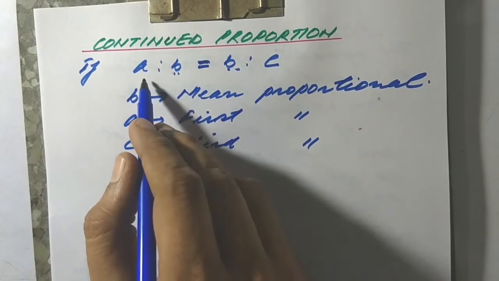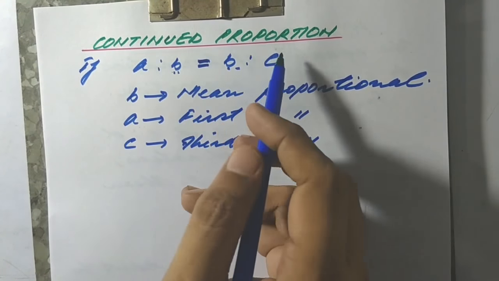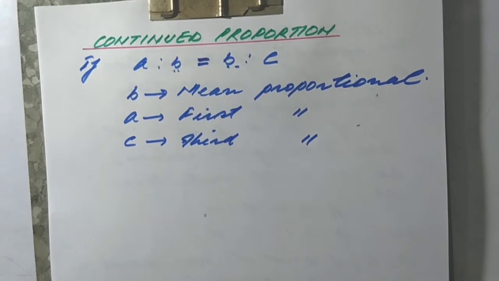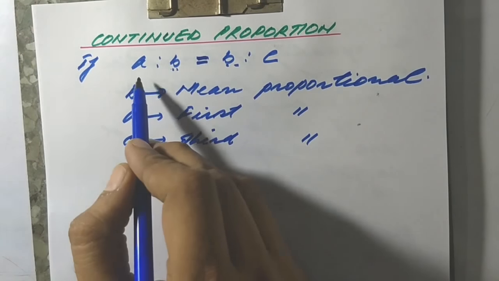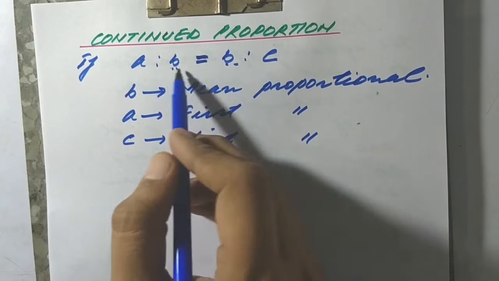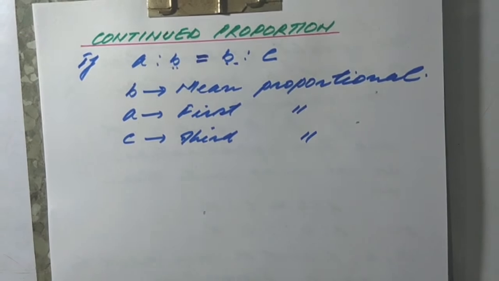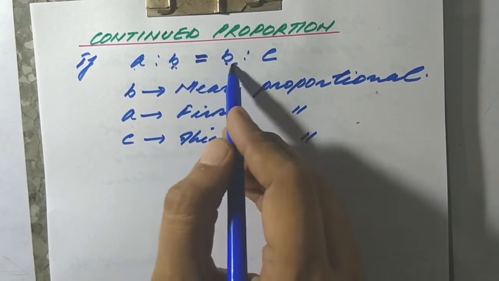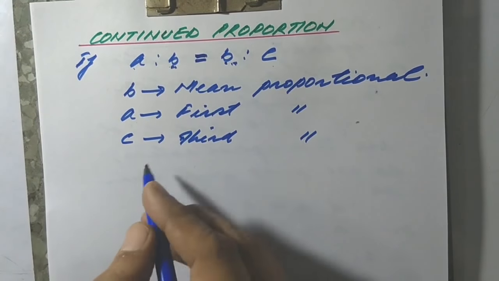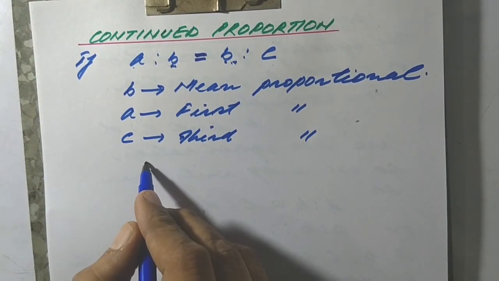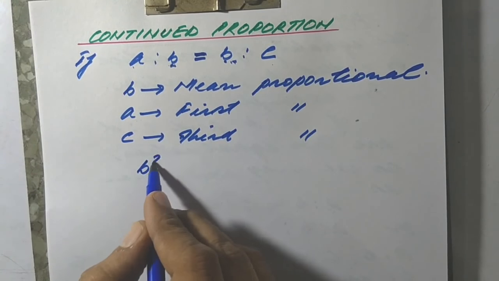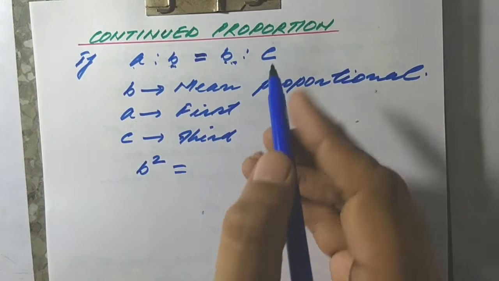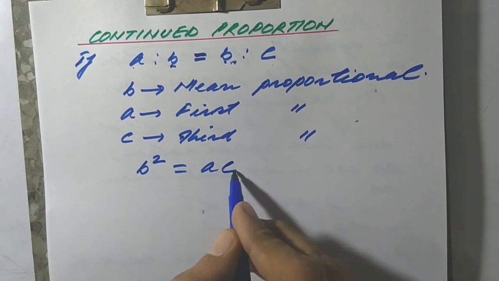And as we know that the product of extreme terms is always equal to product of mean terms of the proportions. So these four quantities A, B and B, C are in proportion. So the extreme terms are A and C and mean terms are B and B, say. So product of mean terms, that is B into B, that is B square, must be equal to the product of the extreme terms, that is A into C, AC.